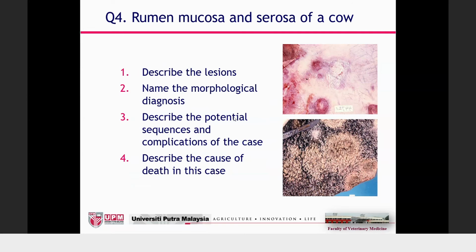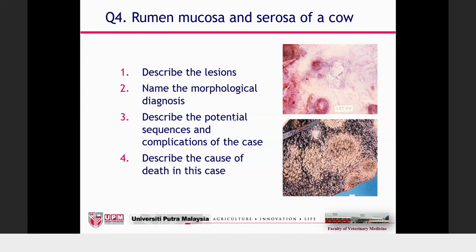Then this one, repeat again actually. But in this case, one of the additional number 3 there, although in FMD it is also about the same, you talk about potential sequelae and complications of this case.